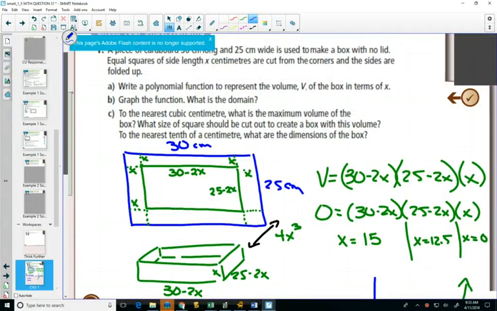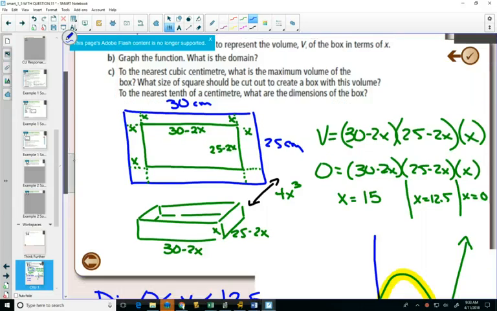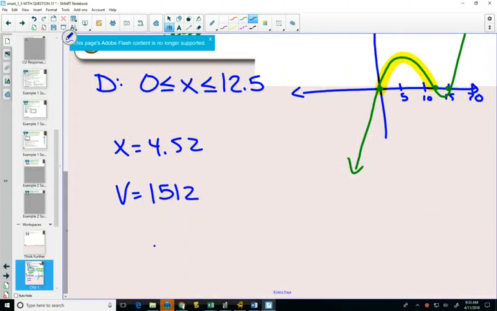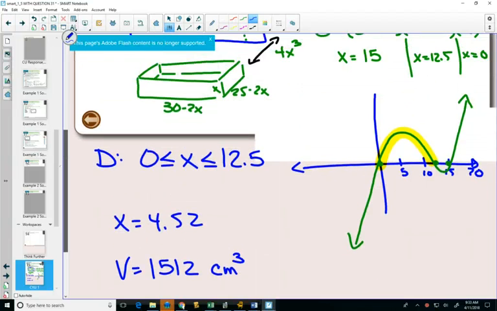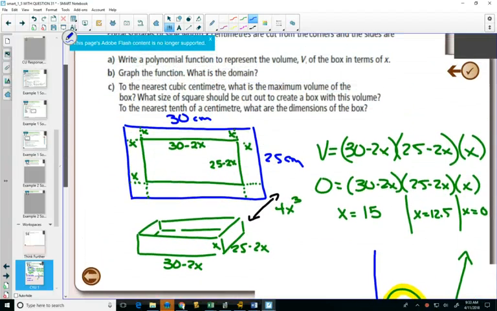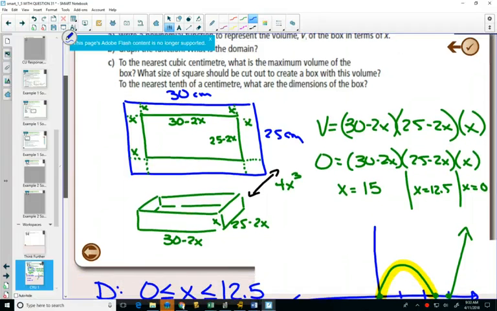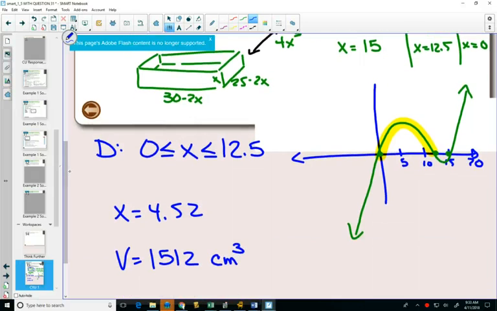So, to the nearest cubic centimeter, what is the maximum volume? So this would be 1512 centimeters cubed. And to the nearest tenth of a centimeter, what size of square should be cut? So 4.5 centimeters to the nearest tenth is the size of the square.